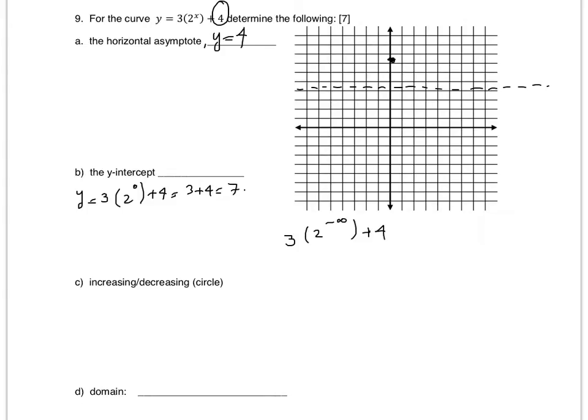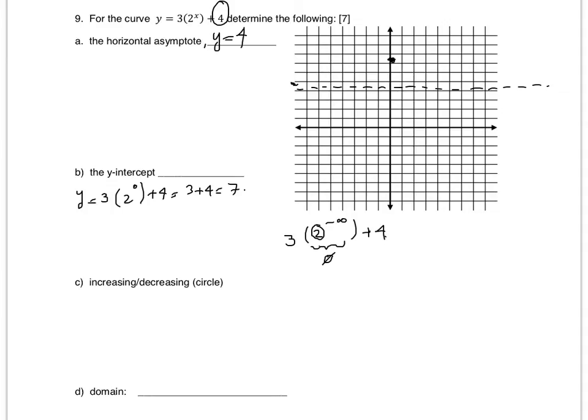We know that any number where the base is greater than 1 and the exponent goes to a very, very small number, this becomes almost 0. So 3 times 0 becomes 0, and this means that the function goes to about y equal to 4, which is somewhere around here when x goes to negative infinity.